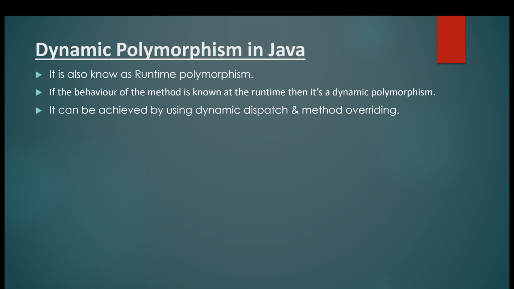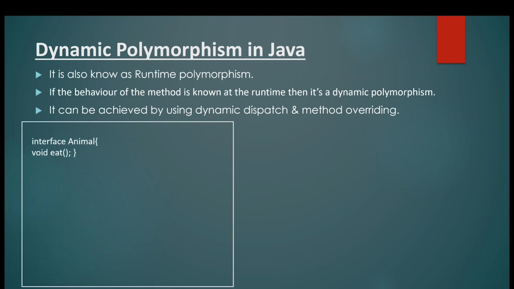Okay. So let's say we take an example. We write an interface, Animal, and it has an abstract method called void eat. Now we write multiple subclasses which will implement this interface and override this eat method, and we'll see the behavior of the method.